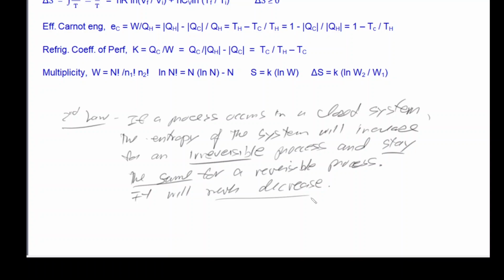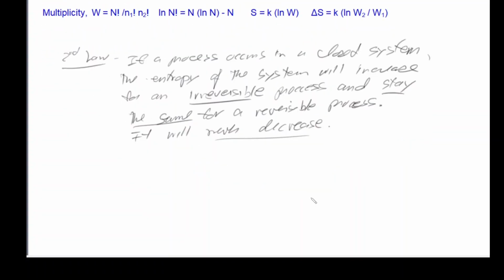It will never decrease. So for this statement, we can rewrite the second law of thermodynamics as the change in entropy is greater than or equal to 0. And the greater sign occurs with an irreversible process, and the equal sign occurs during a reversible process.